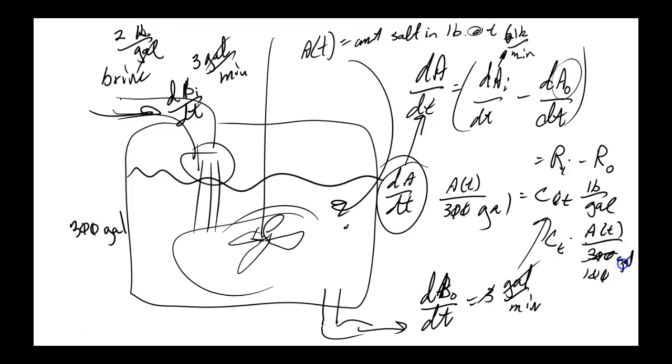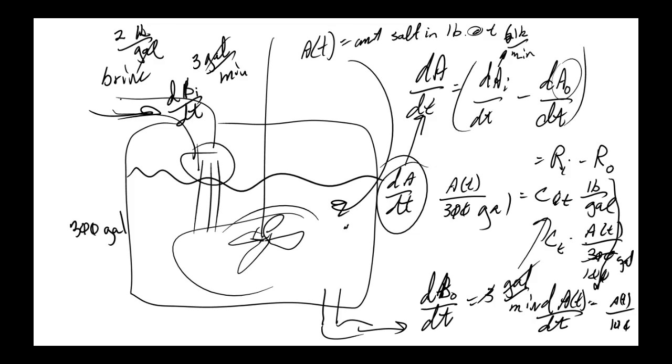The gallons go out, and now dA of T, dt, is going to be A of T divided by 100. That is the concentration at any time. That is your rate out.